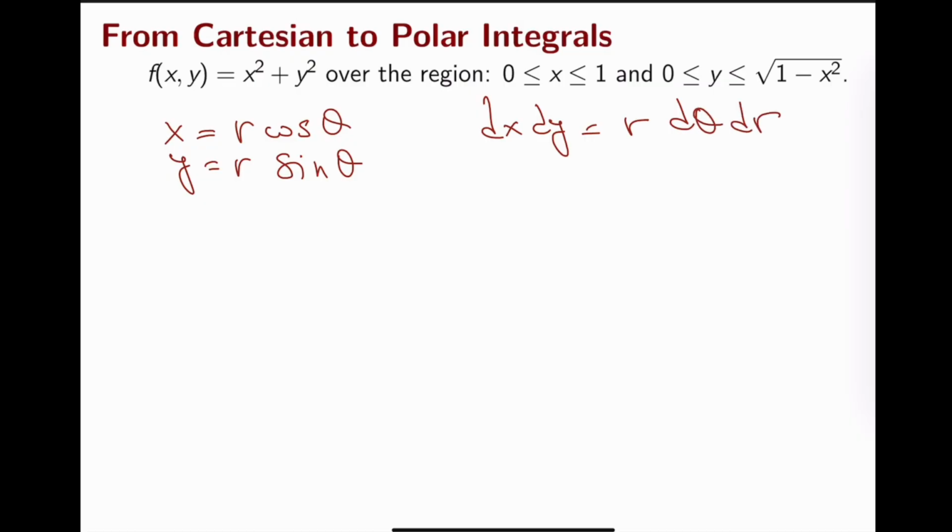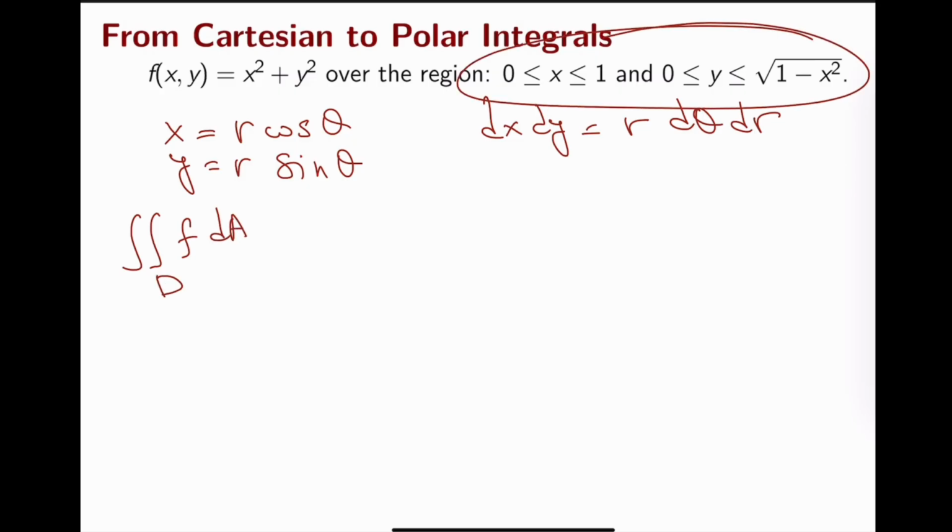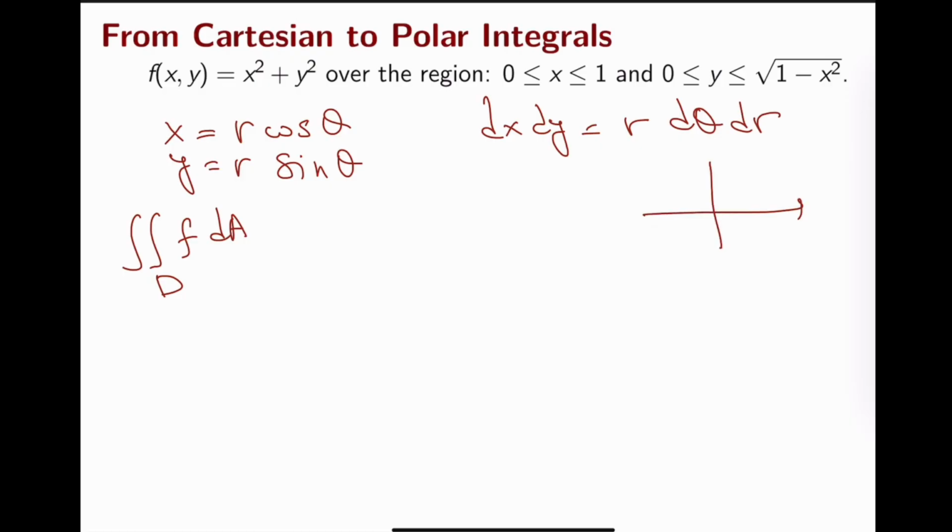Okay, so in this case, in order to calculate the double integral of f dA over the domain described like this, observe that in this domain, the x goes between 0 and 1, and the y goes between 0 and the upper part of the circle. And so this is the domain that we need to describe now in polars.